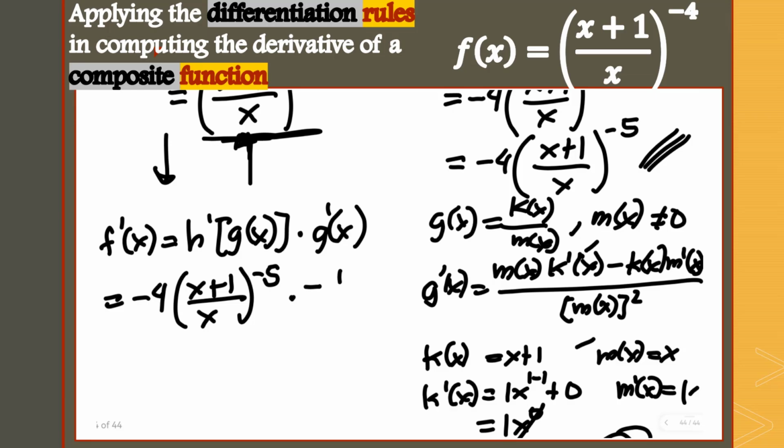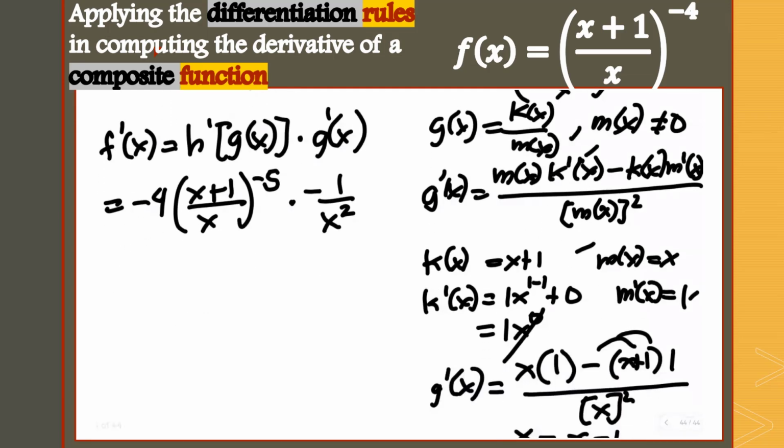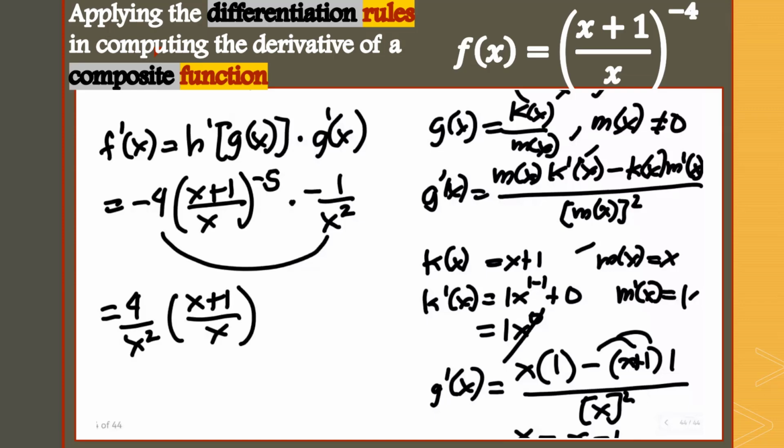Now with this, you can multiply them: positive 4 over x squared times (x plus 1) over x raised to the power of negative 5. I'm okay with this result.